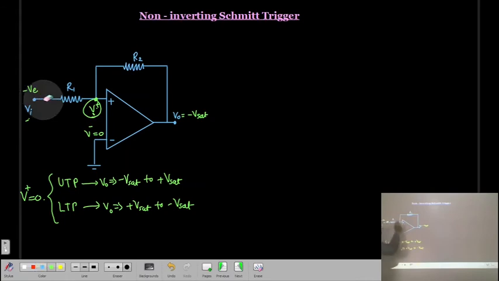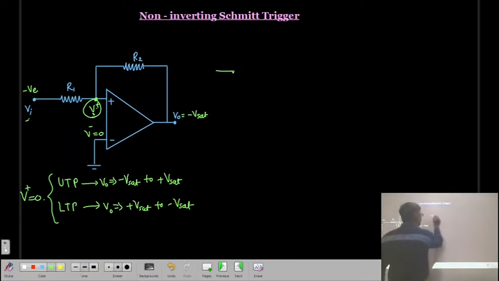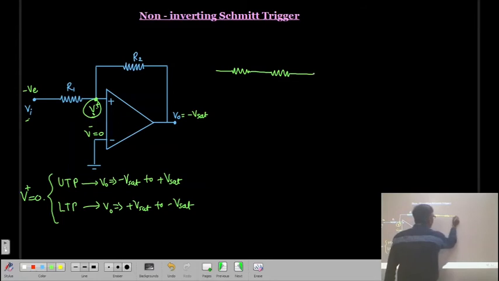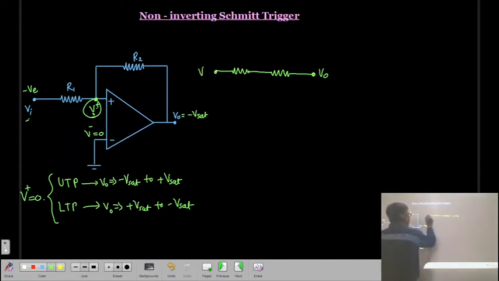So here you can see the circuit is like this. At this point the VO is here. Here we have a VI. This is my R1 and this is R2 and this point is V plus.